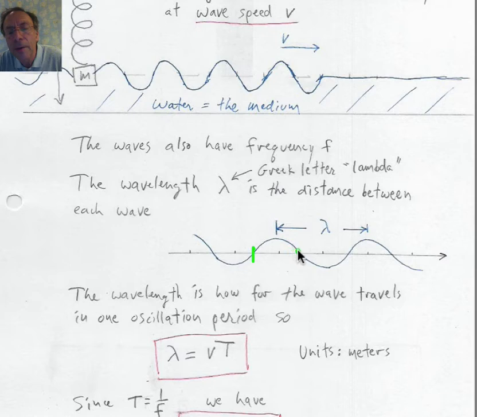It's going through zero again here, but this is the downward zero crossing. We need to go all the way to the next upward zero crossing, and this would be a wavelength also. The symbol here is the Greek letter lambda, lowercase lambda.